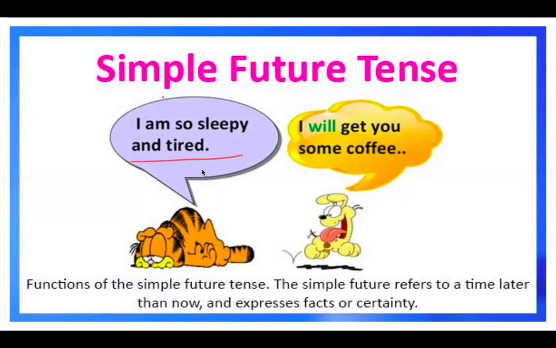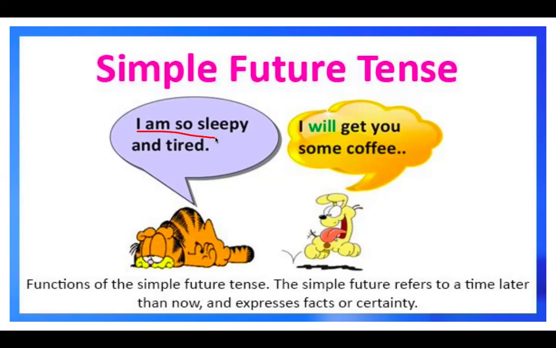You can say that it is written in the present state or present action. Whereas in the future one it is stated, I will get you some coffee. It means the coffee is not present, but someone states that he or she will get some coffee for the other one.